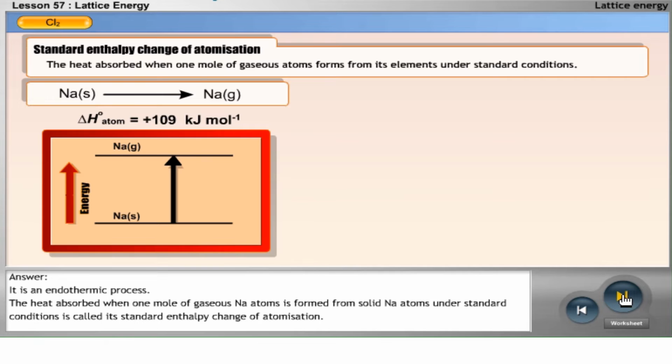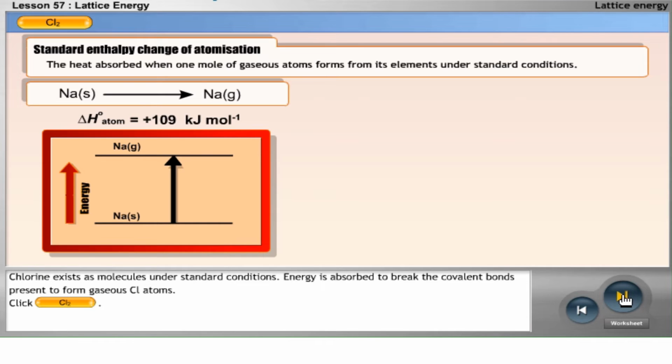The heat absorbed when 1 mole of gaseous sodium atoms is formed from solid sodium under standard conditions is called its standard enthalpy change of atomization. Chlorine exists as a molecule under standard conditions.